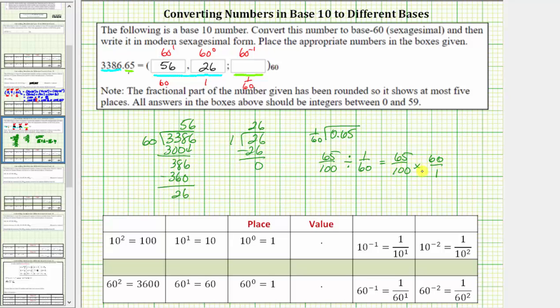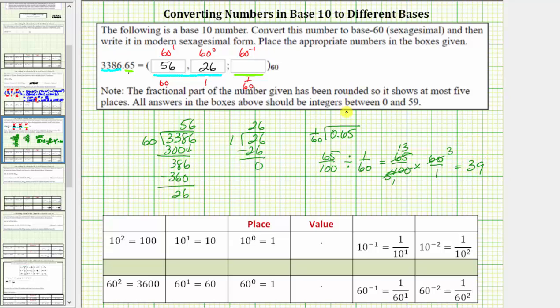And now we can simplify before multiplying. 60 and 100 share a common factor of 20. There are 3 20's in 60 and 5 20's in 100, and 5 and 65 share a common factor of 5. There's 1 5 in 5, and 13 5's in 65. Notice now this is just 13 times 3, which equals 39.